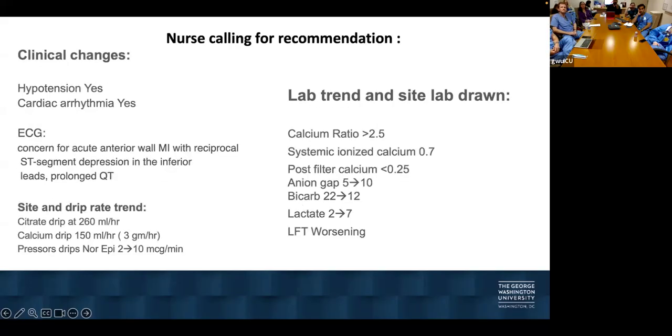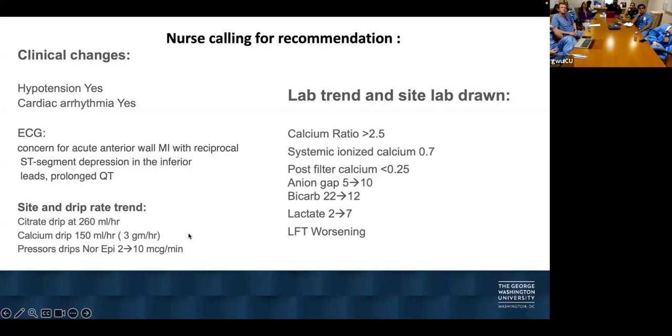So this is an example: a nurse calls in with a patient who is hypotensive and has some cardiac arrhythmias. The EKG is showing concern for anterior wall MI, and there is ST segment depression in the inferior leads and prolonged QT. Basically, hypocalcemia looks like it is happening. You ask about the site, the drip and the trend, and they tell you the citrate was going up, we reached 260 instead of 170, and the calcium drip is now 150, doubled from 70 to 150, and pressure is going south.